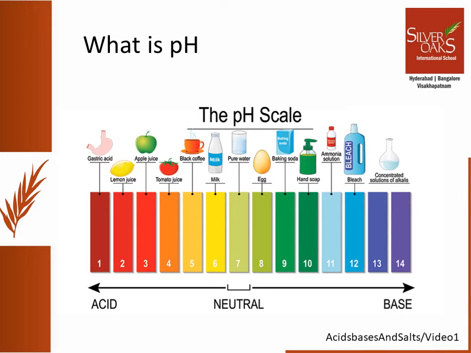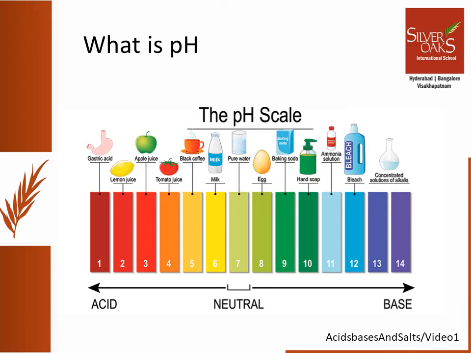pH of a substance can be determined by using universal indicator. It is a mixture of various indicators and gives different colors at different pH. When universal indicator gives red color in a solution, it shows the pH of 0 to 2, which is shown by strong acids most of the time.